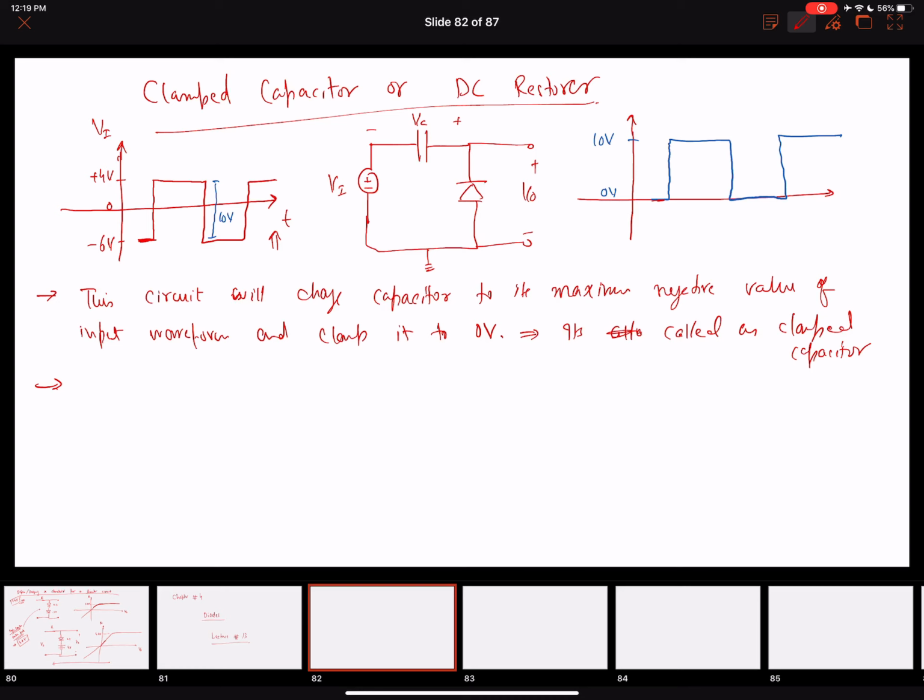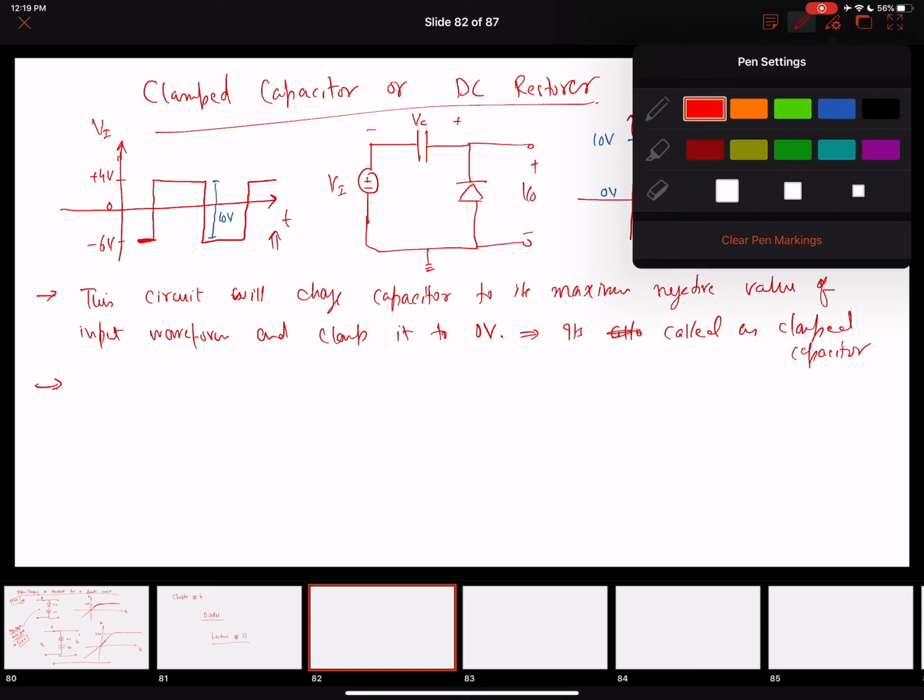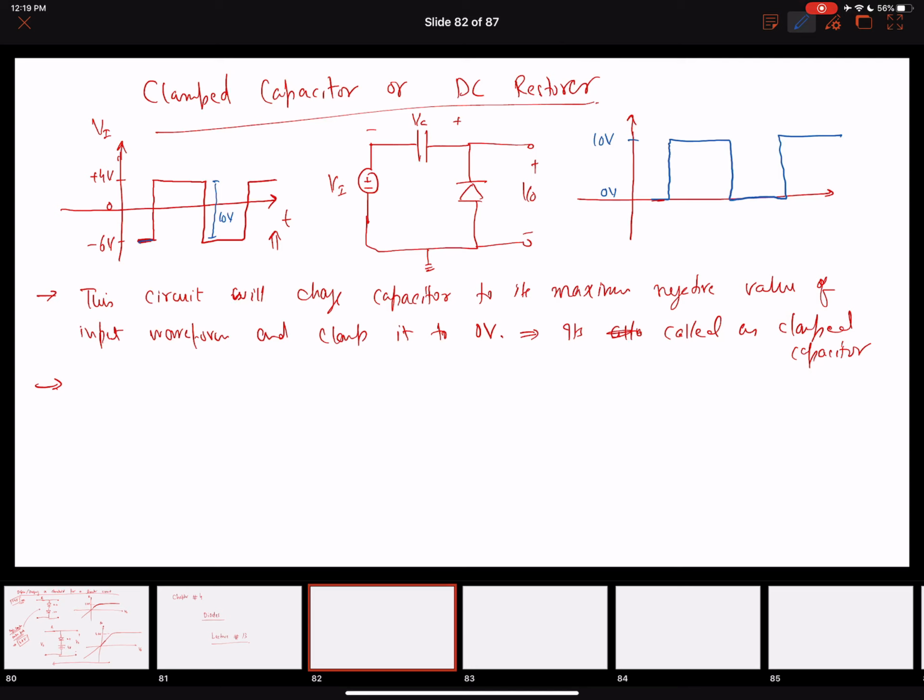When the input signal starts at minus 6 volts, the diode will turn on. This means my diode will be forward biased, and it is going to charge the capacitor to 6 volts.